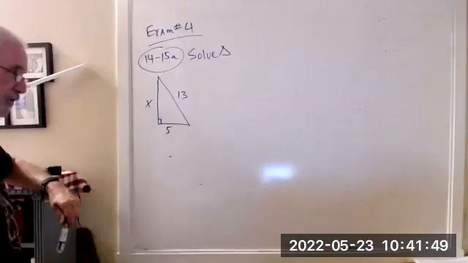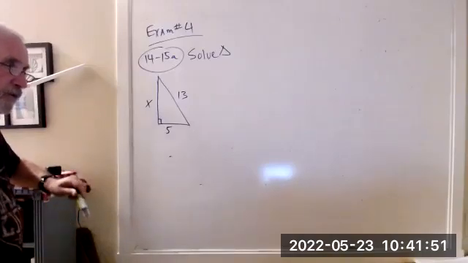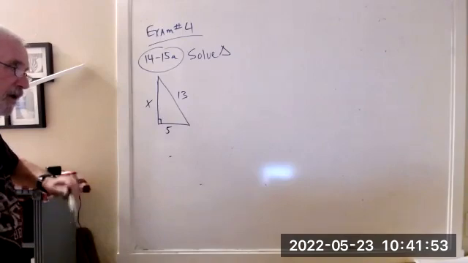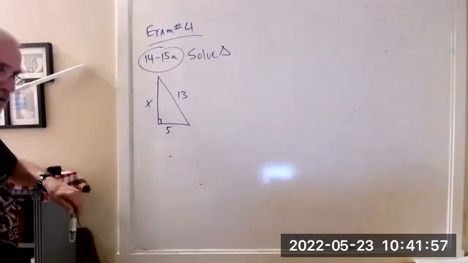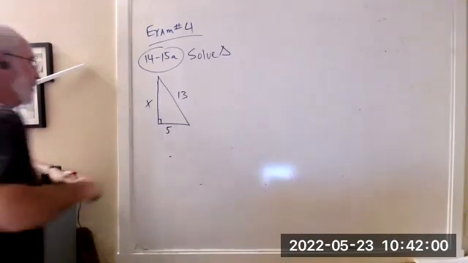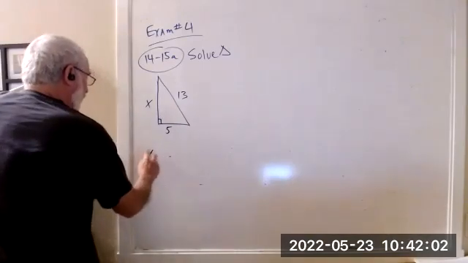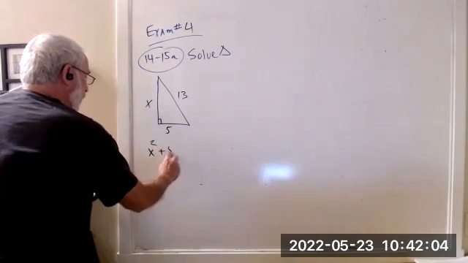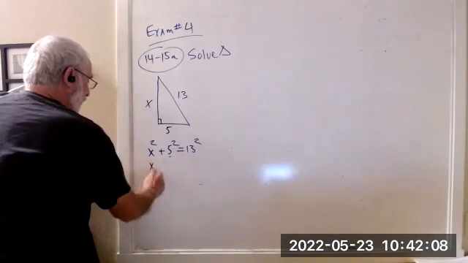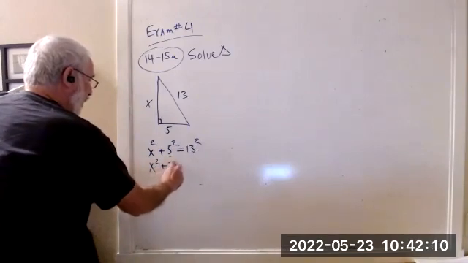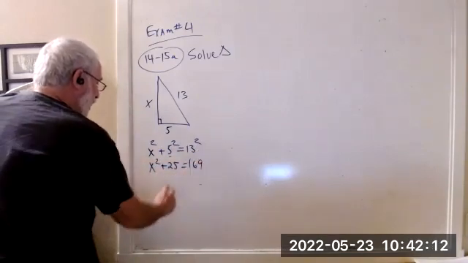That's a great answer. The Pythagorean formula is for the sides and only the sides of a right triangle. So you can say, okay, this is x squared plus 5 squared equals 13 squared. X squared plus 25 equals 169.